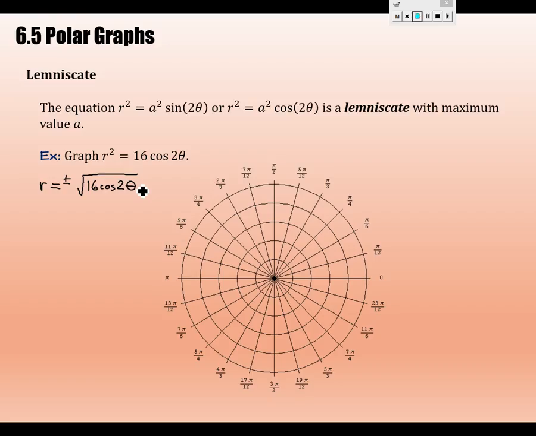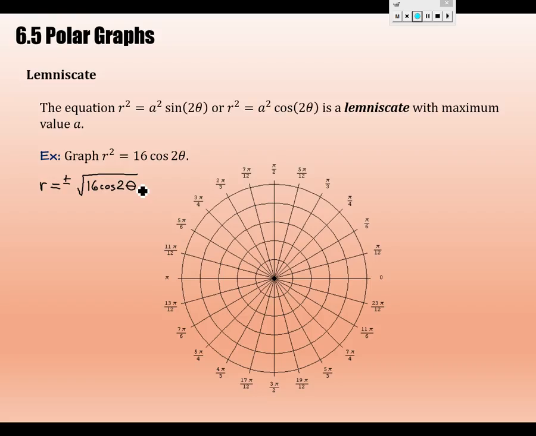So let's actually start doing that here. If we plug in 0, what do you get? Let's get at least 1 point on this graph.